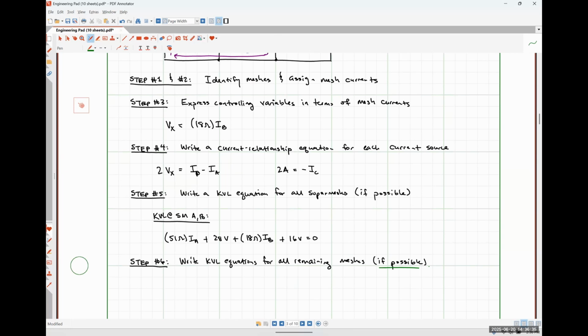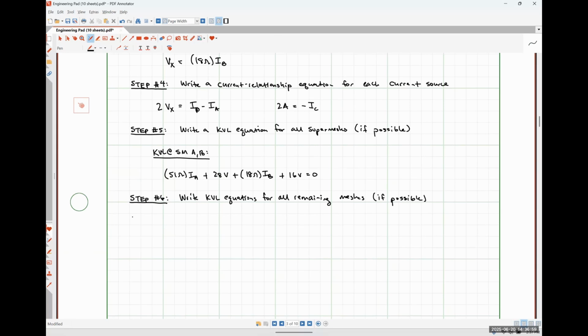The order that I have you write these equations in is to eliminate that kind of ambiguity. We already have our four equations, so we can skip step 6 because there are literally no relationships left for us to come up with. So our last step would then be to simply solve this system of equations.